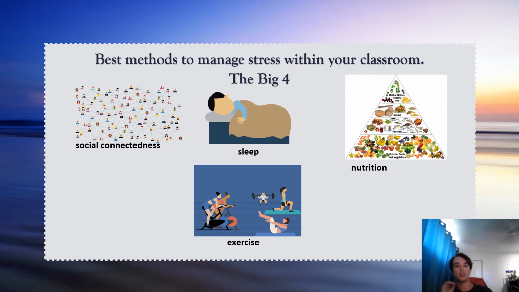Sleep: the recommended sleep time for adolescents is a minimum of 8 hours. Anything longer, or periods of naps throughout the day, can actually increase stress. Nutrition: there are certain foods that are great for managing stress and promoting neuroplasticity.